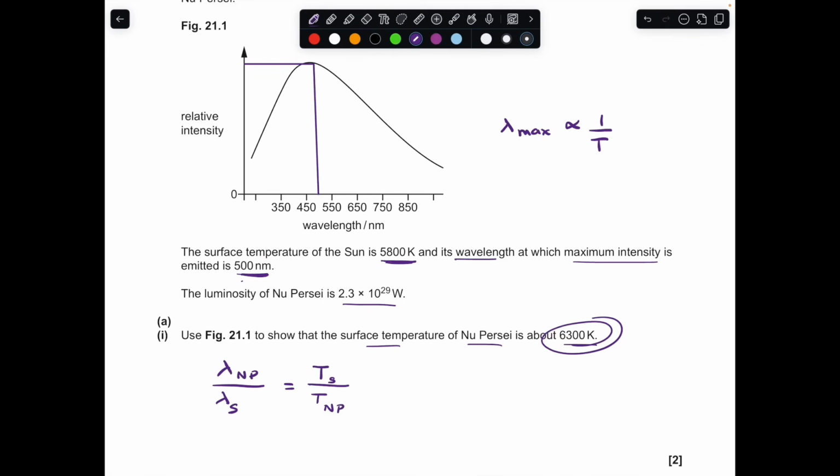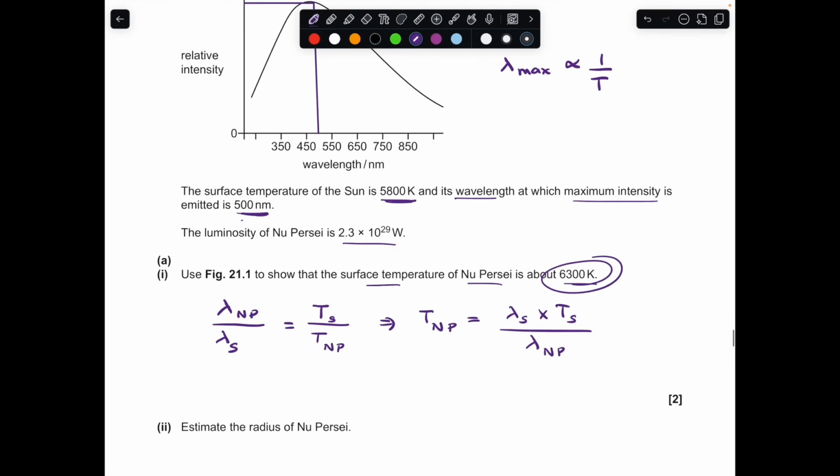From here, I can rearrange this equation to work out the surface temperature of Nu Persei, as it will be basically multiplied, so lambda s times by Ts divided by the wavelength of Nu Persei. And now the question is which wavelength to use. It has to be less than 500 nanometers, and you have to do some trial and error over here to see how far down you can go really to get that surface temperature of about 6,300 kelvins.